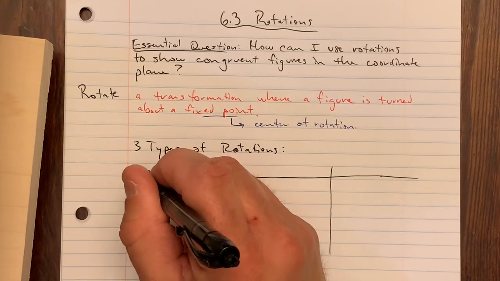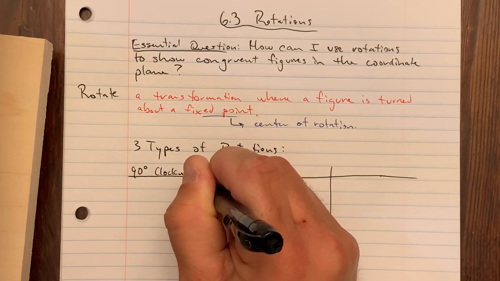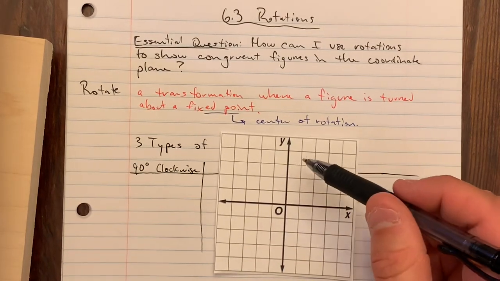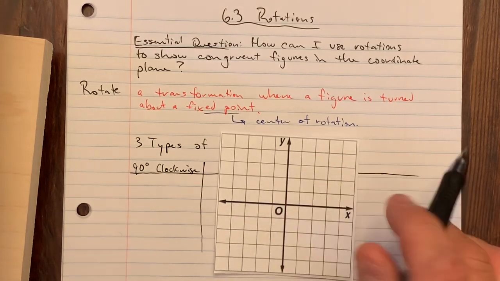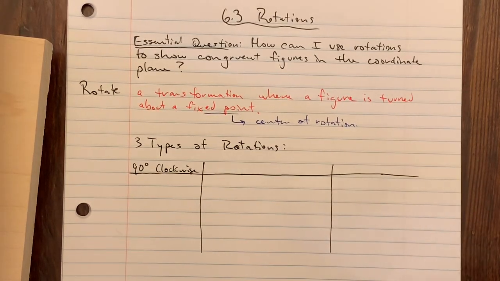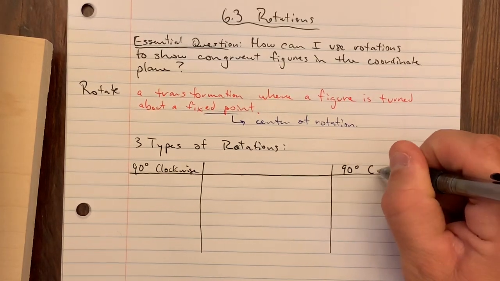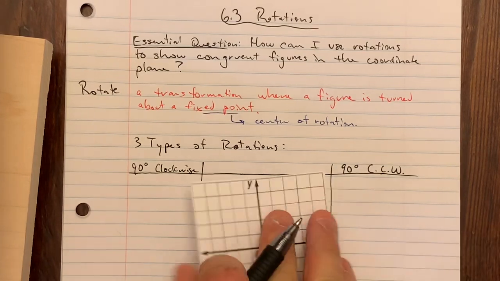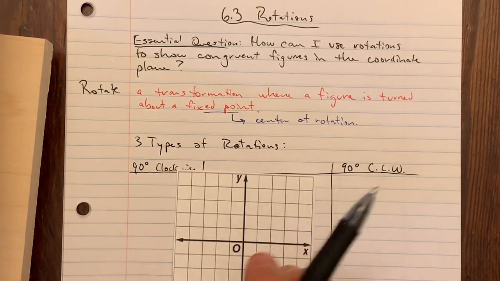The first way we have is a 90-degree clockwise rotation. If I have my coordinate plane here, if I'm in quadrant 1, clockwise is going to be going this way, righty-tighty. Then we have a 90-degree counterclockwise rotation as well. If I'm here in quadrant 1, I'm going back the other way, lefty-loosey.